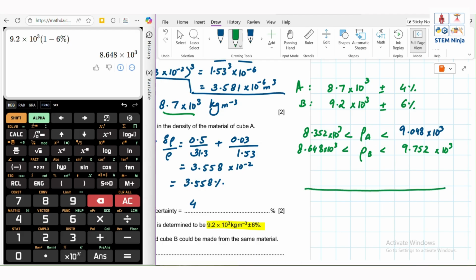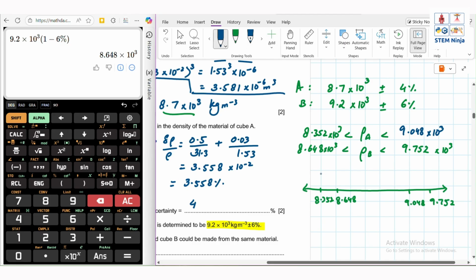So if you draw this on the number line, 8.352 is a little bit over here, 8.648, and 9.048 and 9.752. For A, let's use this blue one over here. So this is in between this value.